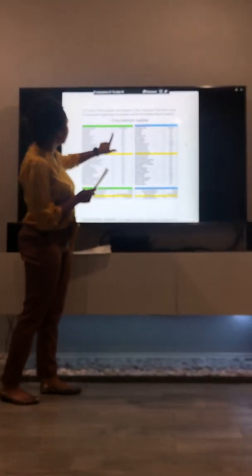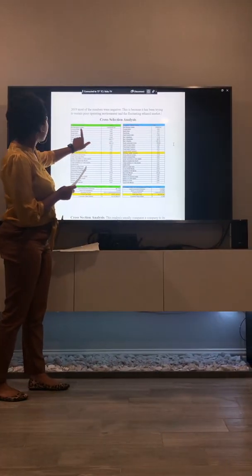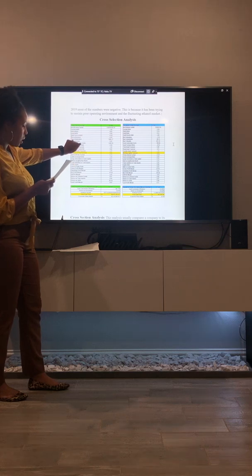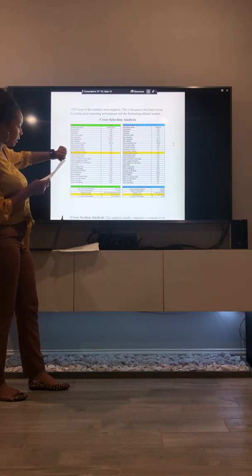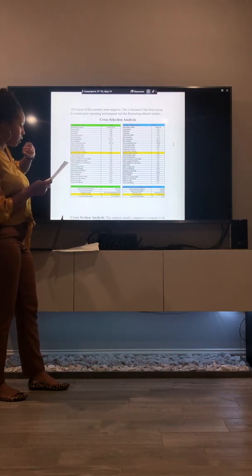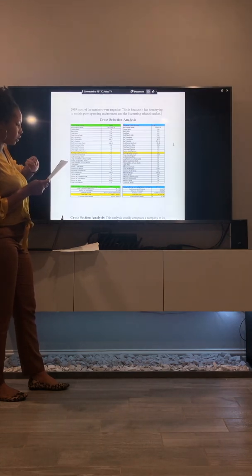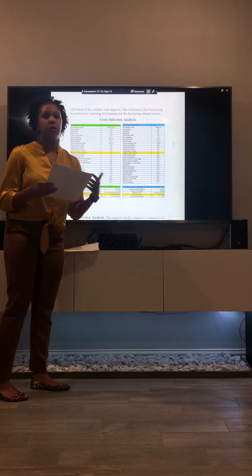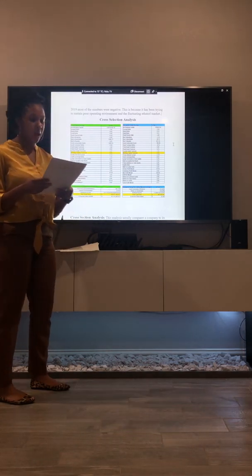So if you can see right here, the quick ratio, which is probably small, but my quick ratio, my days inventory, my days receivable, cash turnover, total asset turnover, fixed turnover, and many more was way over the renewable energy average.